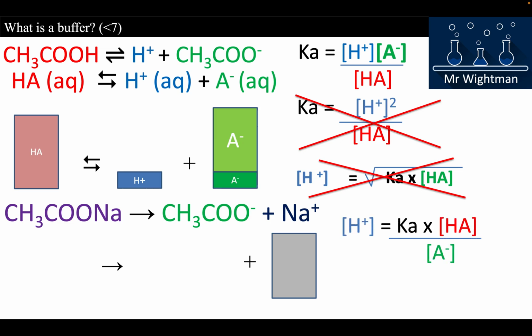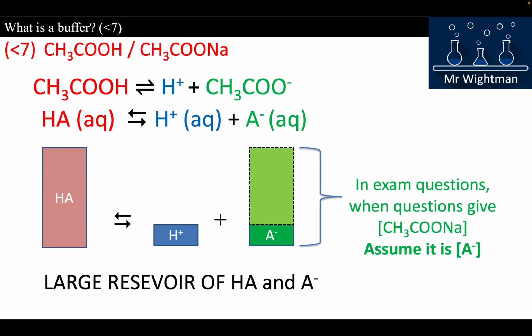We have to rearrange the equation to produce H plus on its own, and we can do that by just treating it as a separate entity, so to speak. We have to do this whenever we are dealing with a buffer. So we have a large reservoir of both, and in exam questions, whenever a value is given for the sodium ethanoate, just assume it's going to be our A minus.